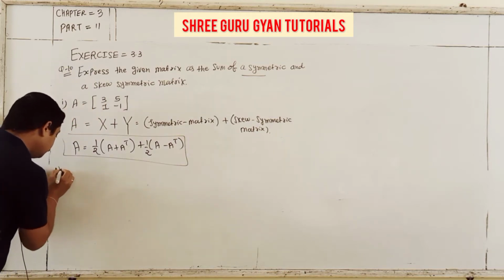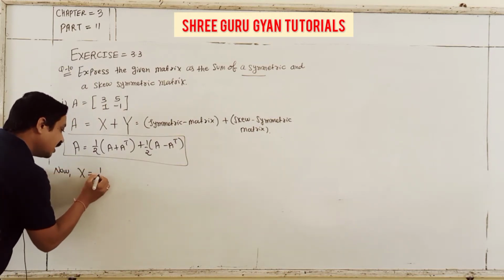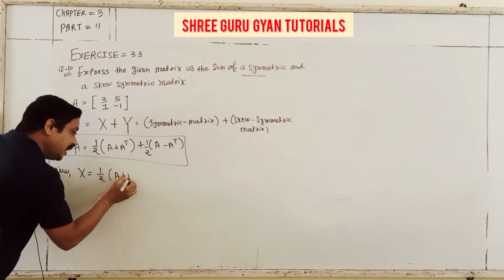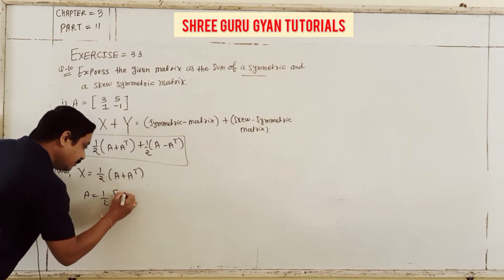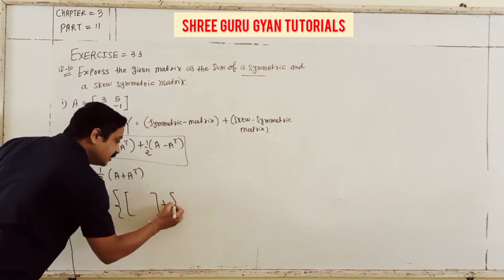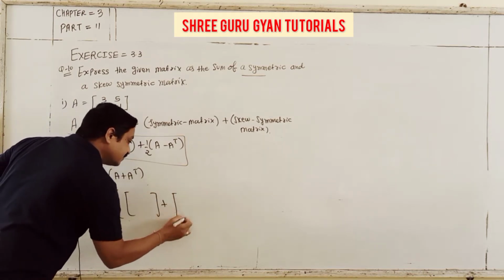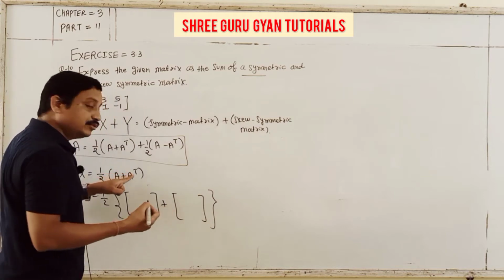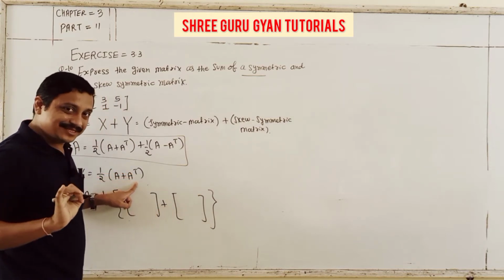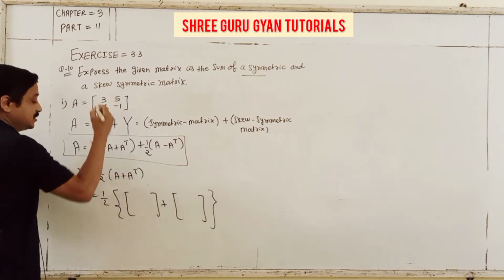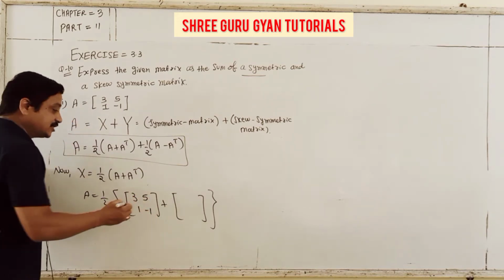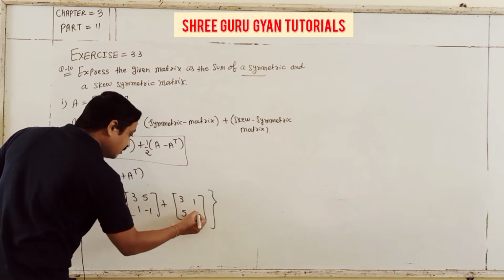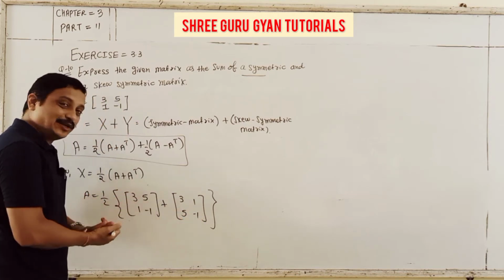So now X is half of A plus A transpose. Put down their values, A matrix plus A transpose matrix. Transpose you also write down as T or dash, students. So A is 3, 5, 1, minus 1, and the transpose is 3, 5, 1, minus 1 with rows translated into columns.